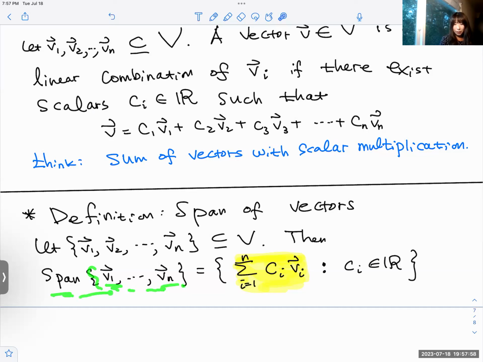Then we can express the span of vectors V sub 1 and V sub 2, whatever, right? Then let me write down.